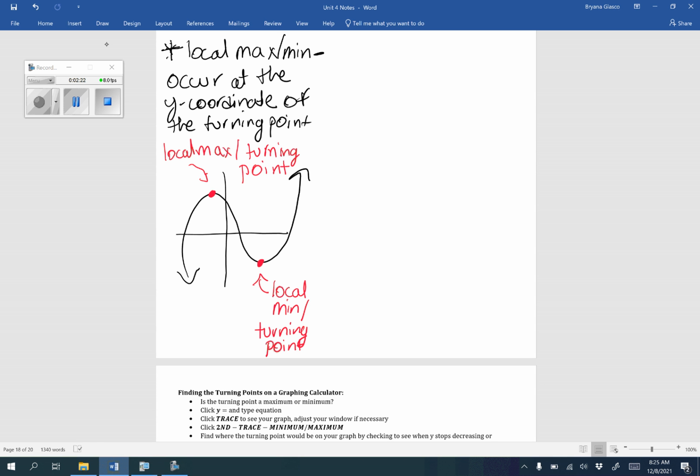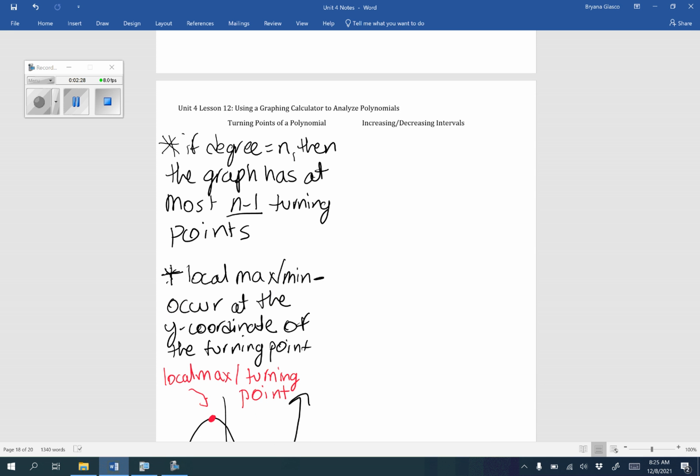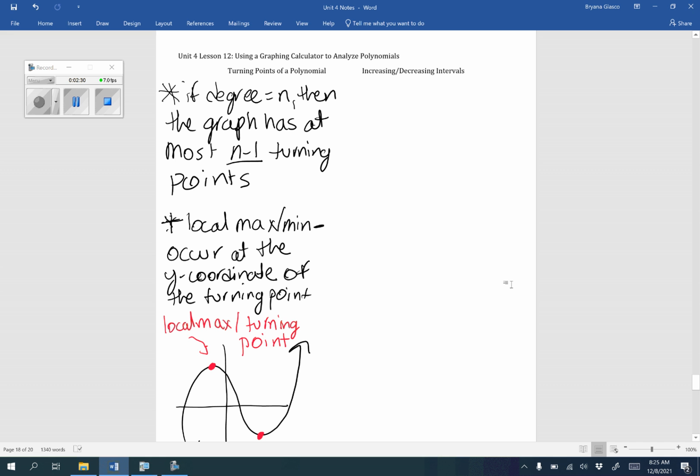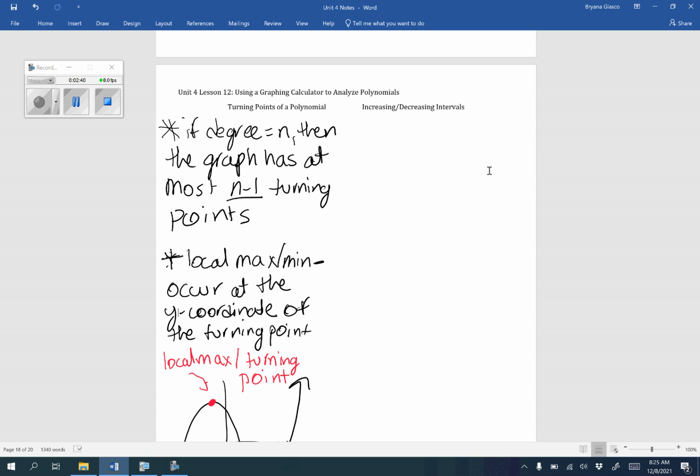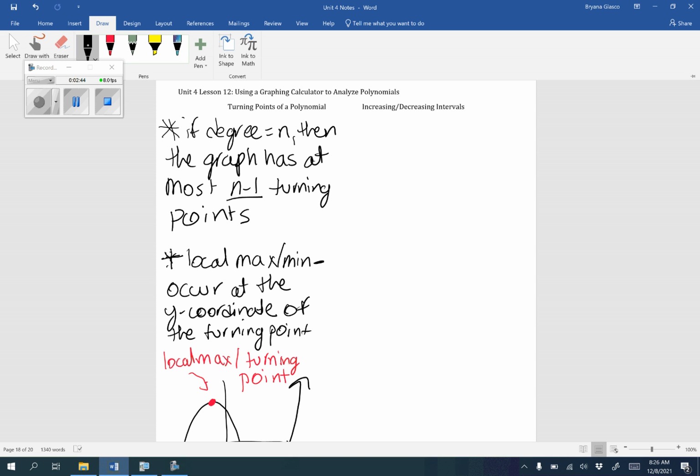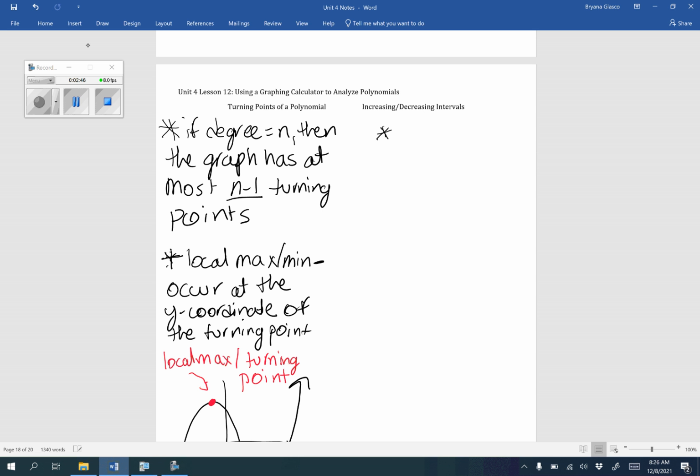Okay, so now on that point, let's talk about increasing and decreasing intervals. Basically, we want to figure out when, on an interval, and we're going to use x values here, our graph will increase or decrease. So let's talk about increase.